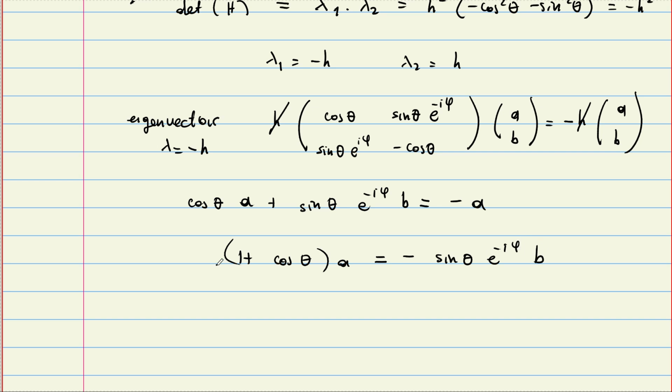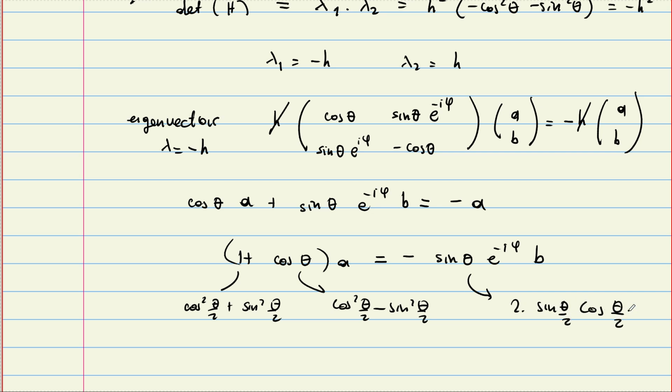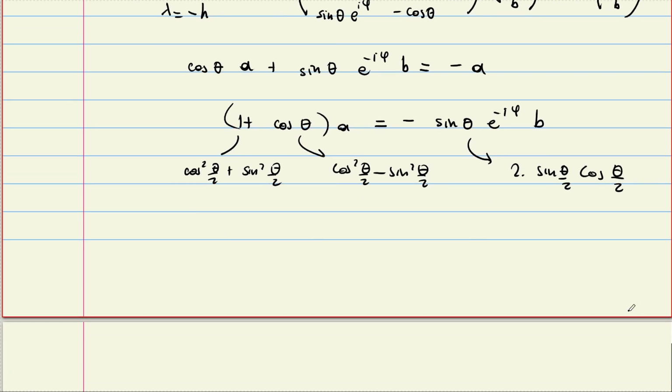So this is cosine square theta over 2 plus sine square theta over 2. This one is cosine square theta over 2 minus sine square theta over 2. This one is 2 times sine theta over 2 cosine theta over 2. And there will be a lot of cancellations. So this sine square is going to cancel this.